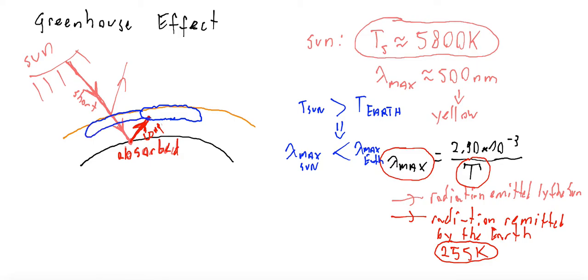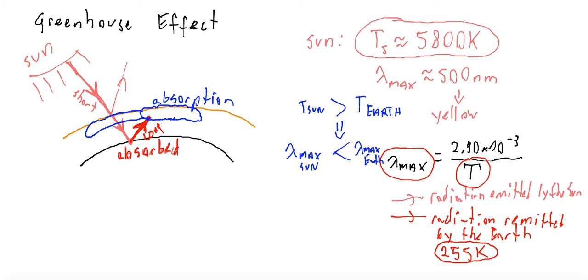So practically, greenhouse gases are transparent to radiation from the Sun and not transparent to radiation from the Earth. So this radiation, which is re-emitted by the Earth, this long wavelength radiation, is absorbed by the greenhouse gases. There is no absorption of radiation from the Sun because it's too short. About absorption, I'll give you more details on the next slide.